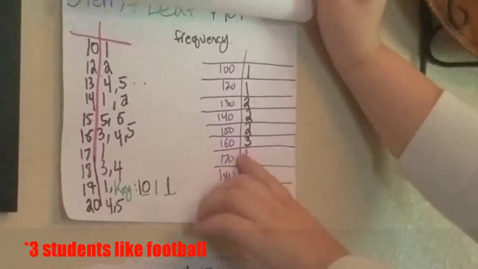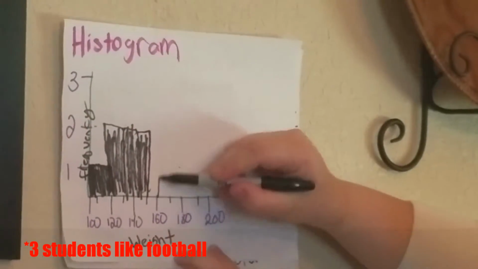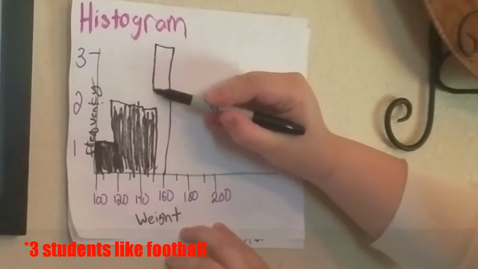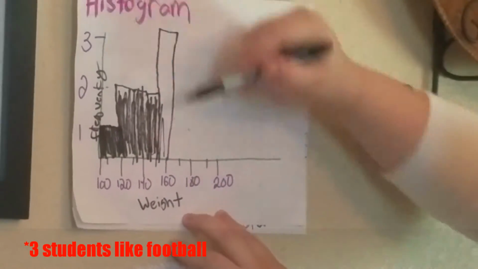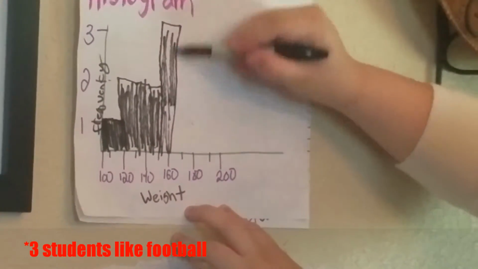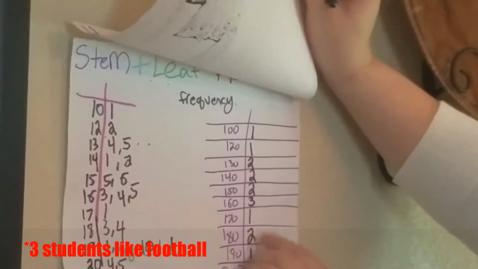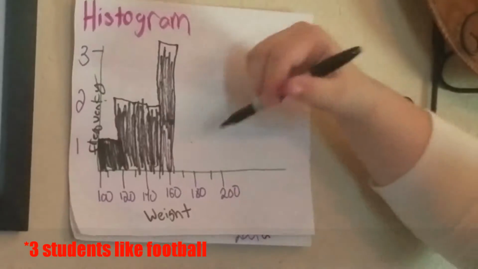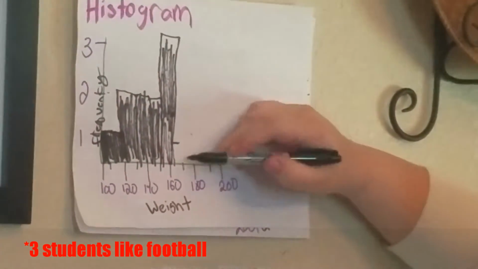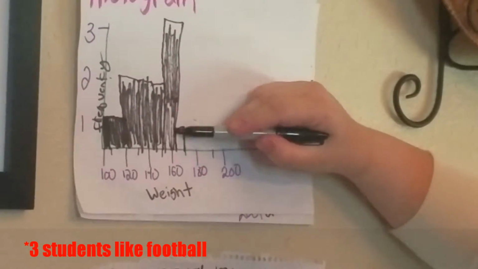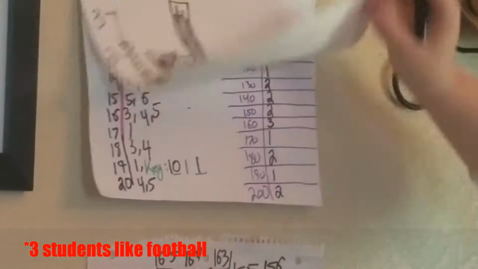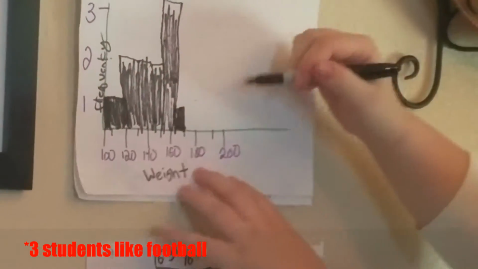Our 160s, we have 3 frequency. So we're going to go all the way up. Make sure we hit that 3 mark. And for our 170s, we go back down to 1. So for this one section of 70, go to 1. 180, we have 2.